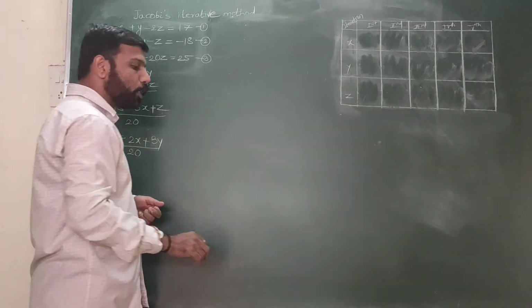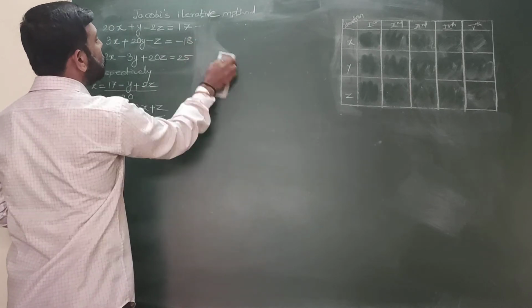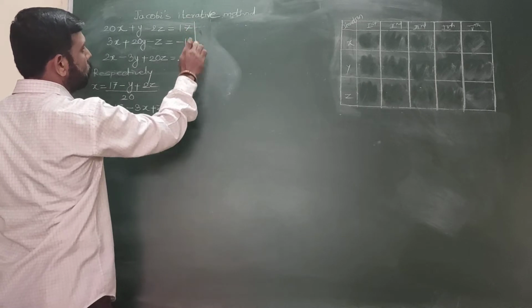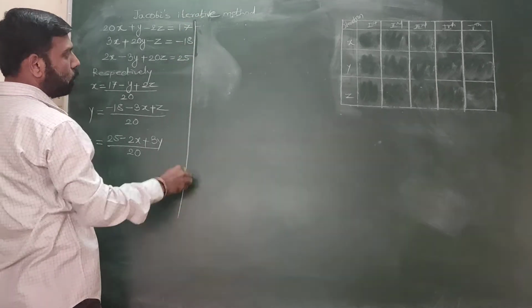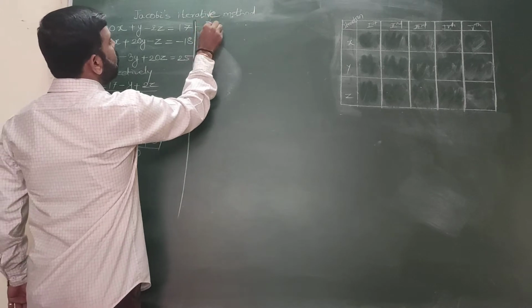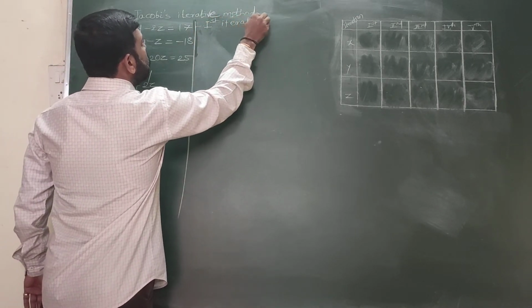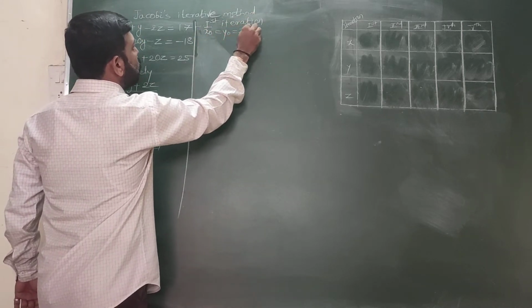We start with the first approximation. First iteration, x0, y0, z0.